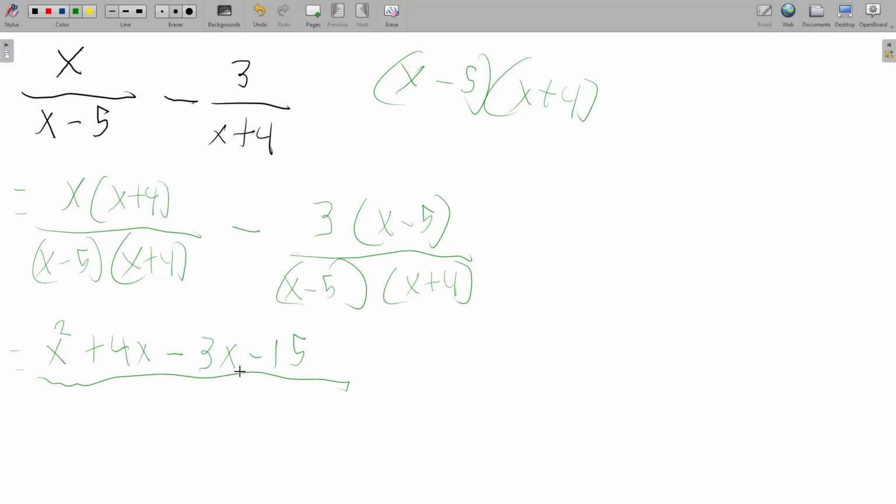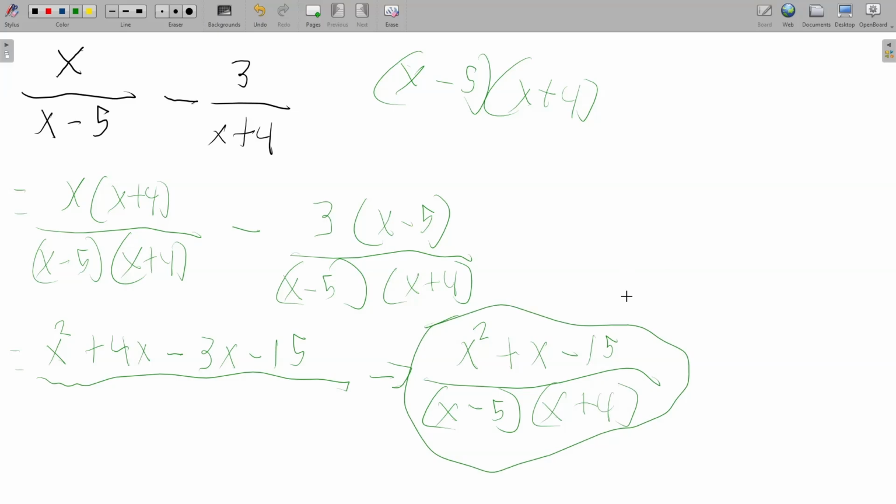We can combine those, right? So just basically 4x minus 3x, which just gives us 1x, which is just the same as x, right? So, when we're rewriting this, it would become, okay, x squared plus x minus 15. And then write our denominator. And this would be our final answer, right?